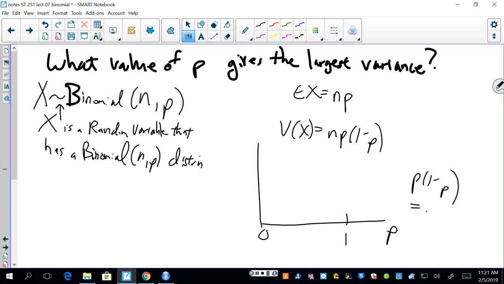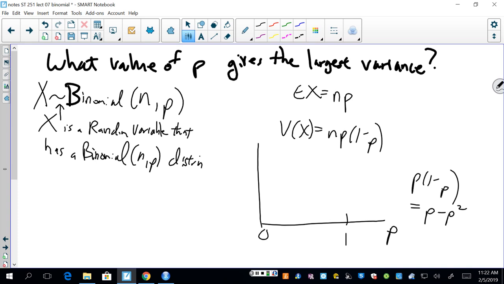You could write it as p minus p squared. With the square, that's a quadratic function. Is it concave or convex? Concave is tilted over like a cave, and convex is the other one. Concave, so it's going down.